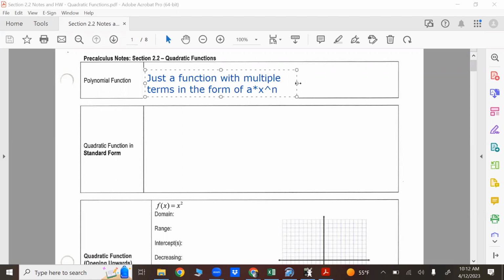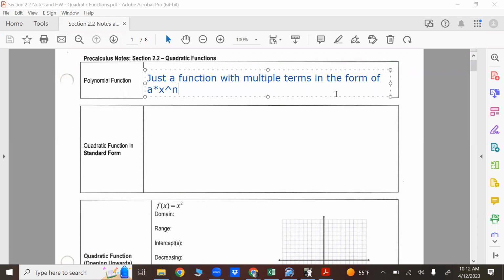I know it looks a little tricky how I just typed it up, but it's just a function with multiple terms in the form. So what I mean by that is like this.